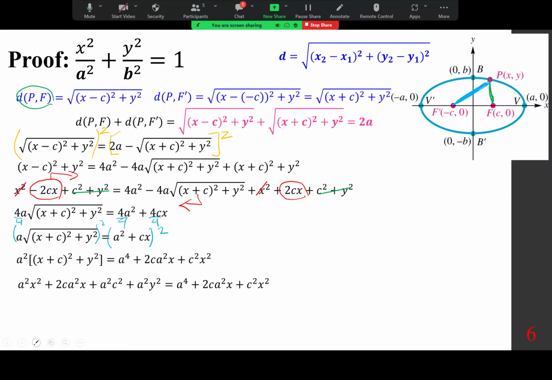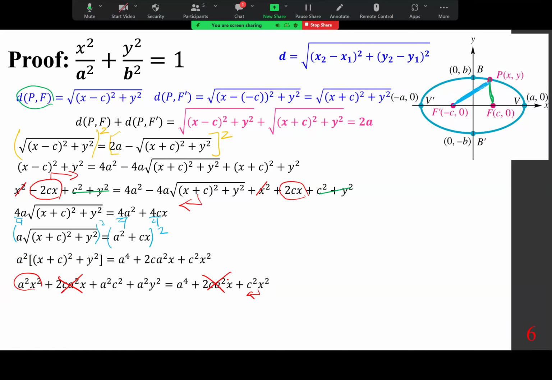So let's move things around. We're going to keep this one. We're going to move this one. These two are identical.